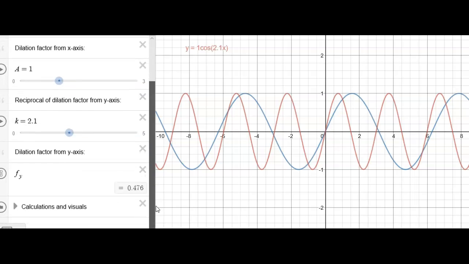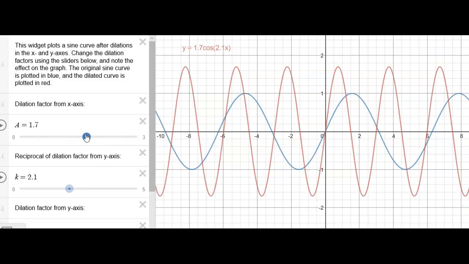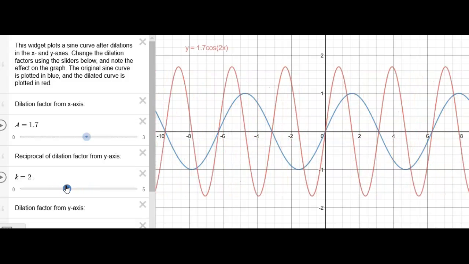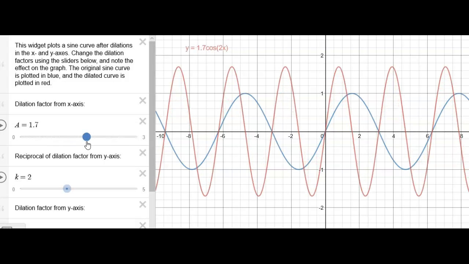Okay, so that's your sine graph. Your cosine graph, exactly the same. So you can just see that's changing your amplitude and changing your period. Okay, so how they're dilated, but we're just talking about the amplitude and the period for now.